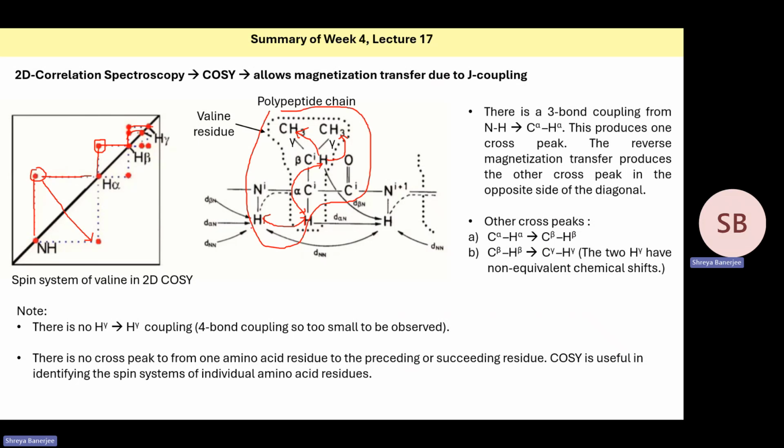There is no COSY peak from the valine to the residue before it or the residue after it. Because of that, COSY is only useful in identifying that particular amino acid. There is no transfer of magnetization from one residue to the next or previous residue in COSY. For that, we will need a different kind of 2D spectrum.